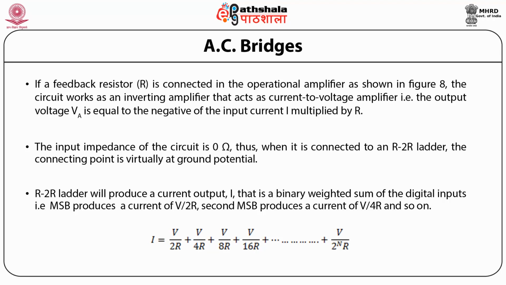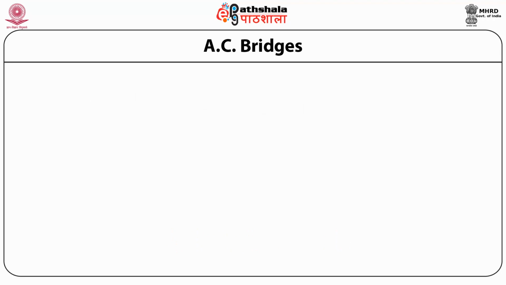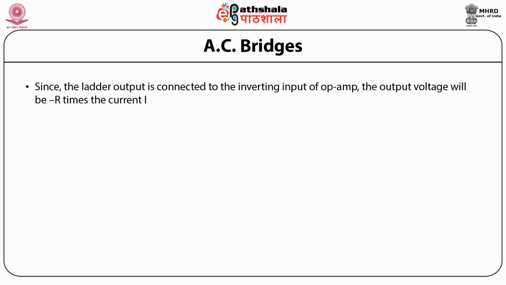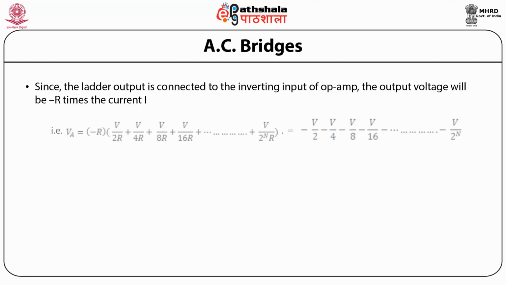So, total I can be written as V by 2R plus V by 4R plus V by 8R plus V by 16R plus so on till V by 2 raised to power n into R. Since the ladder output is connected to the inverting input of the op-amp, the output voltage will be minus R times the current I. That is, VA will be equal to minus R into, within the brackets, V by 2R plus V by 4R plus V by 8R plus so on till V by 2 raised to power N into R.